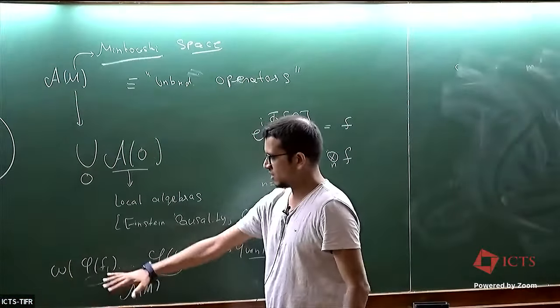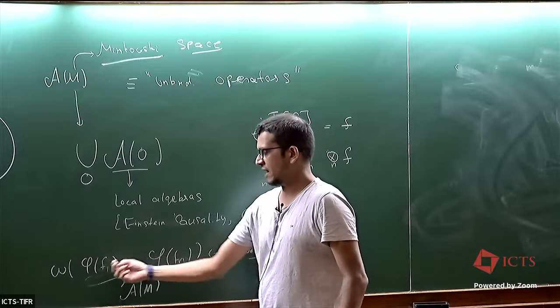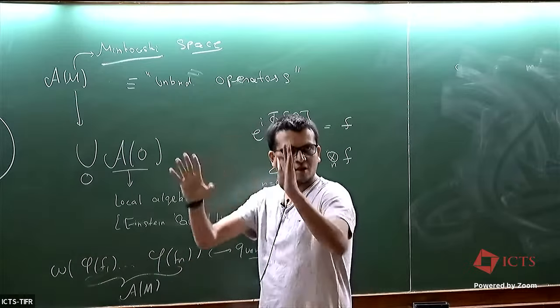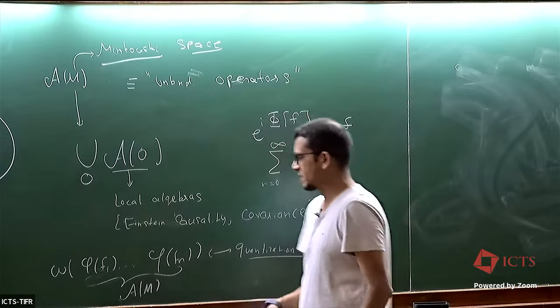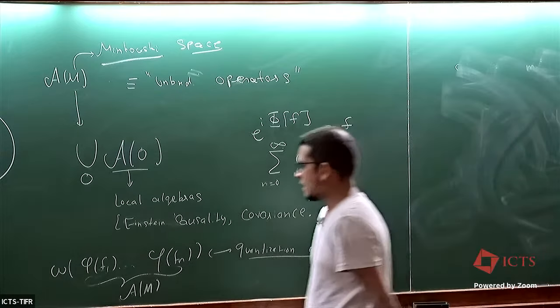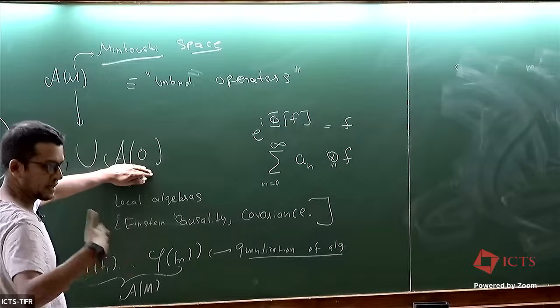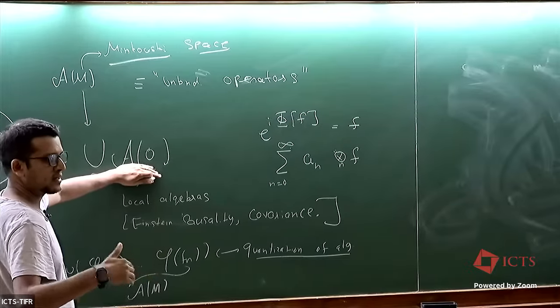So just to be absolutely clear, you can think of this as just the vacuum expectation value of this operator, to connect with the usual QFT literature. And then, where the function f is supported in M, we saw that this algebra can be obtained in terms of these local algebras, and these local algebras satisfy some conditions which were motivated by the free field example.